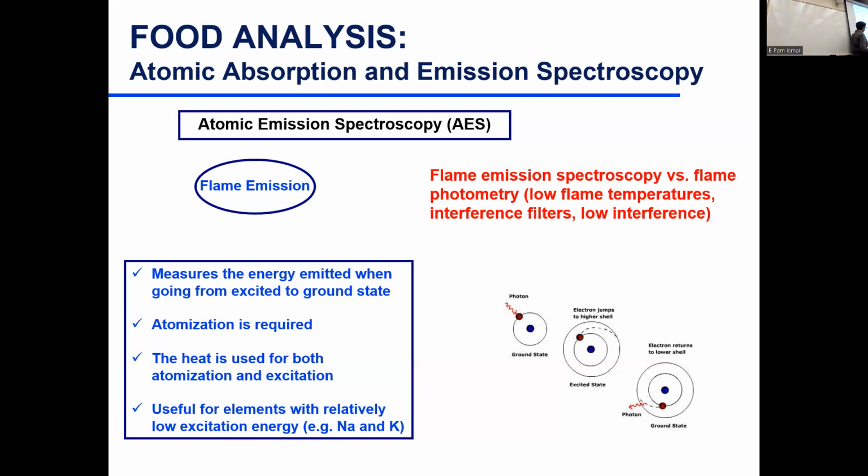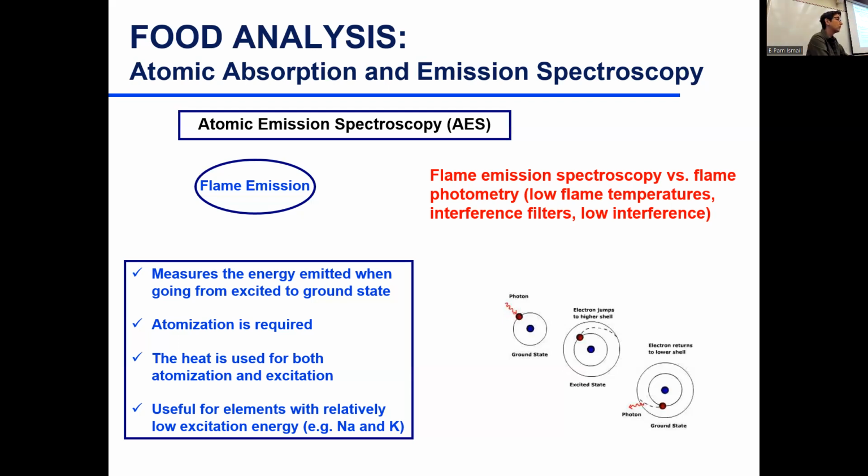So the flame is able to do that. And then they emit light, and then you can measure emission. That's the thing you want to remember. In flame atomic absorption, you have two things: the flame and the lamp. In flame emission, the flame is the source of both.